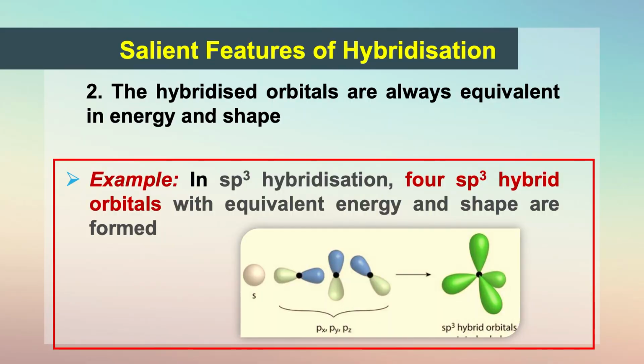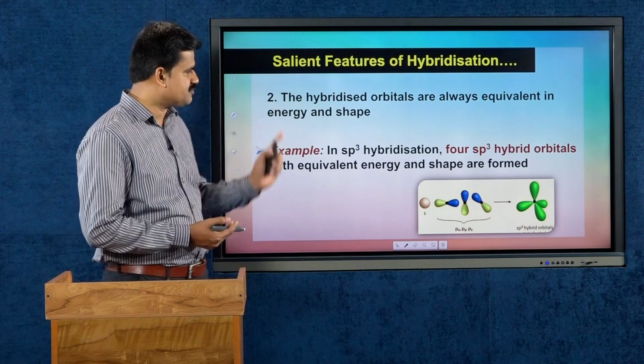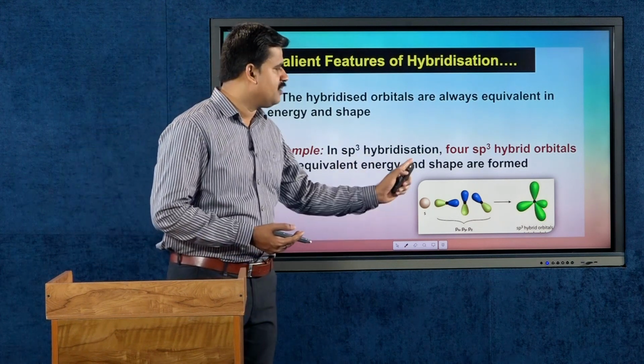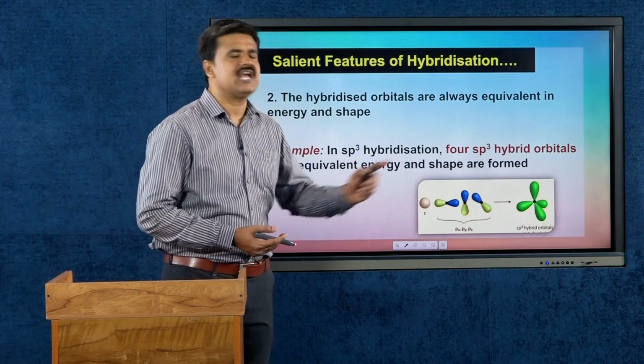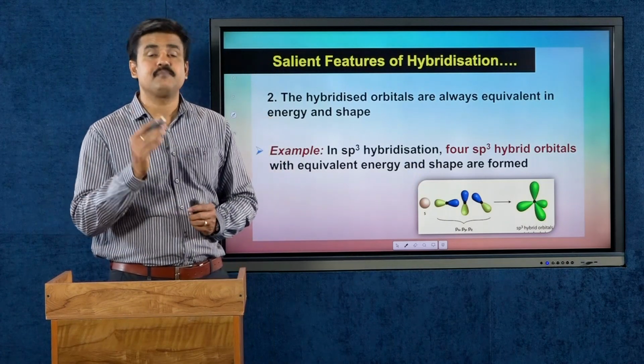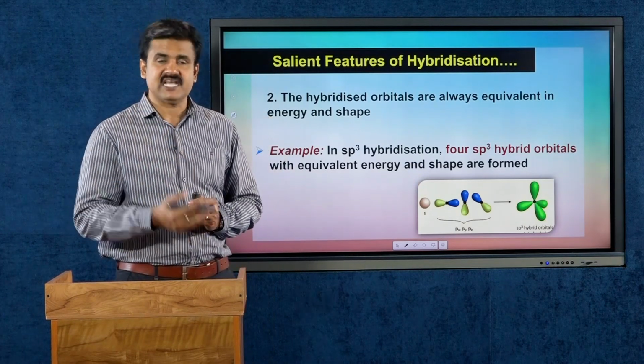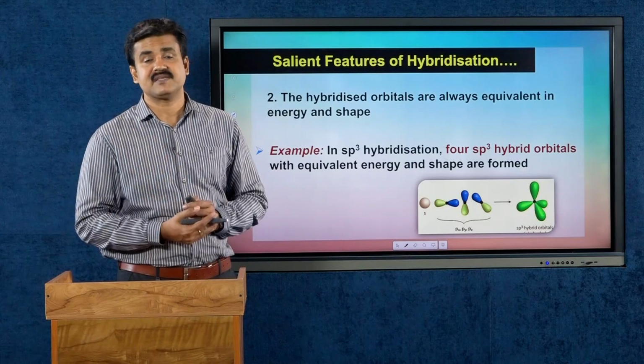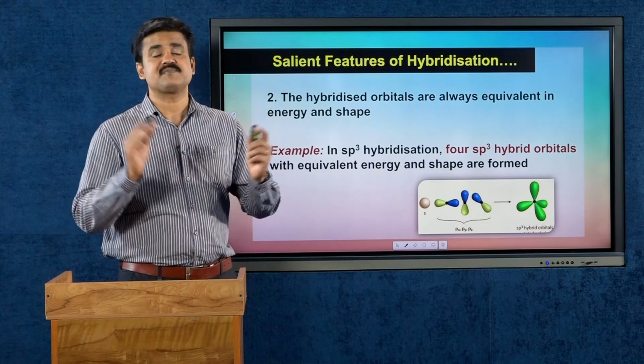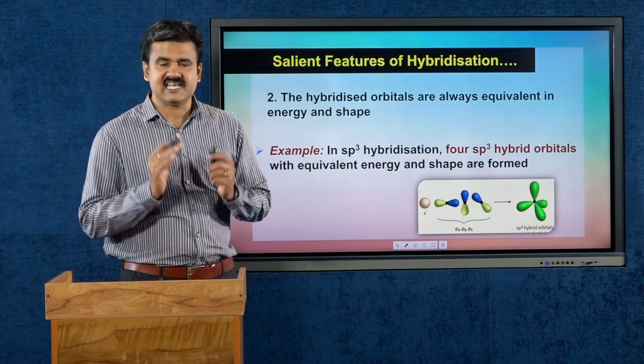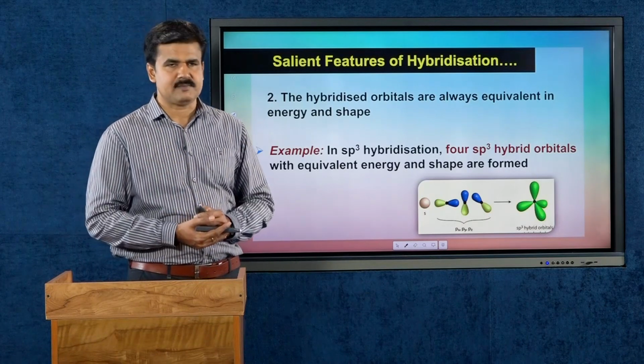Four sp3 hybrid orbitals are obtained with equivalent energy and shape. So, in sp3 hybridization, one s orbital, px orbital, py orbital and pz orbital, that means three p orbitals, combine with one s orbital to get four sp3 hybrid orbitals. All the sp3 hybrid orbitals have identical energy as well as identical shape.